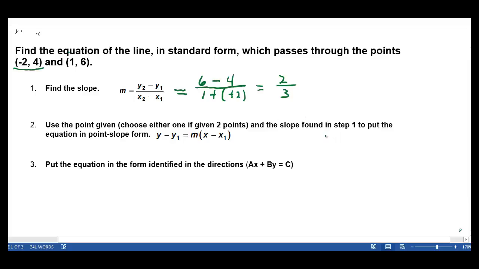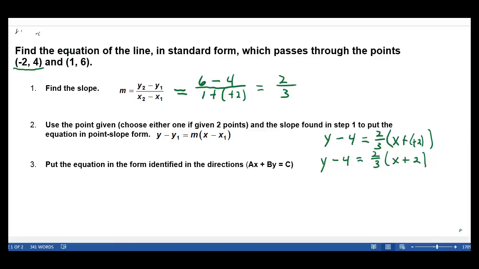So here we have y minus y sub 1, which in this case is 4, equals m, which is the slope, and we found that in step 1, which is 2/3, times the quantity x minus, and the x value we're going to use is -2. So here we have in point slope form y minus 4 equals 2/3 times the quantity x plus 2. It's plus 2 because we have this double negative.